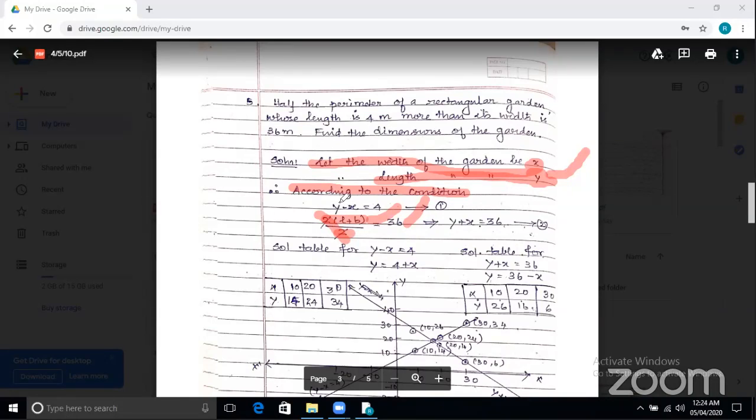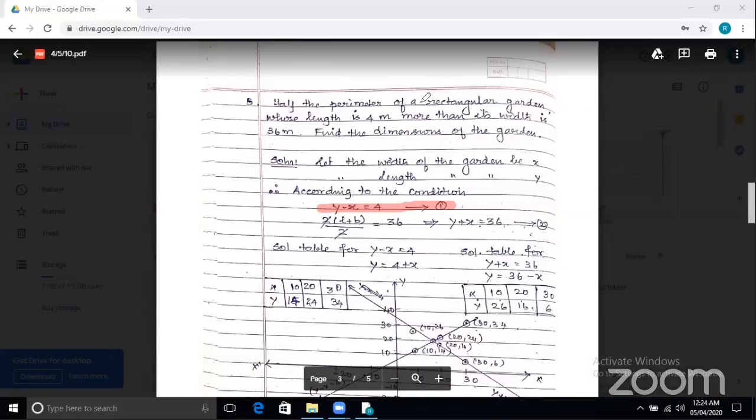Therefore, Y minus X, the difference between the length and the width, is equal to 4. This is the first equation, saying that Y minus X is equal to 4.